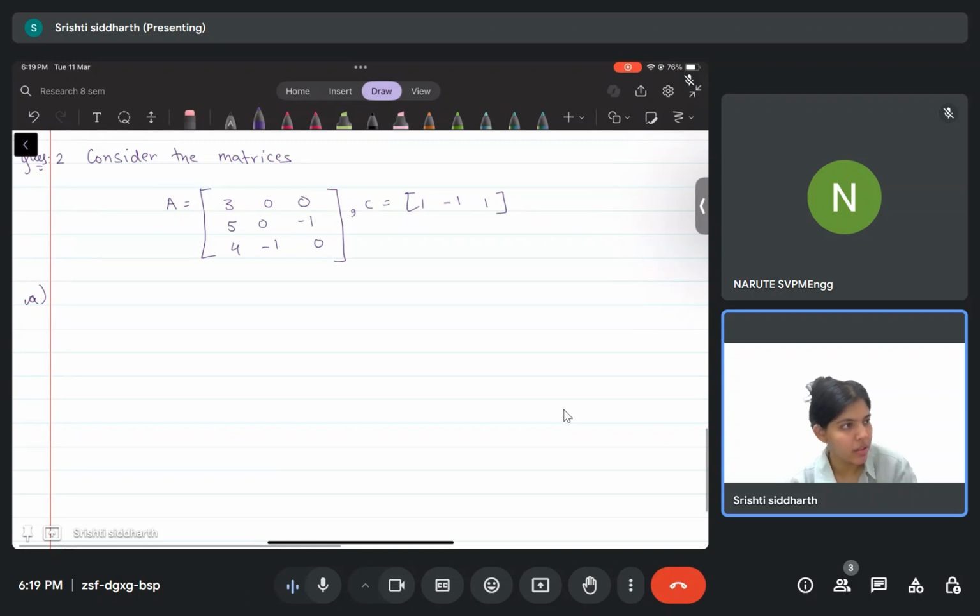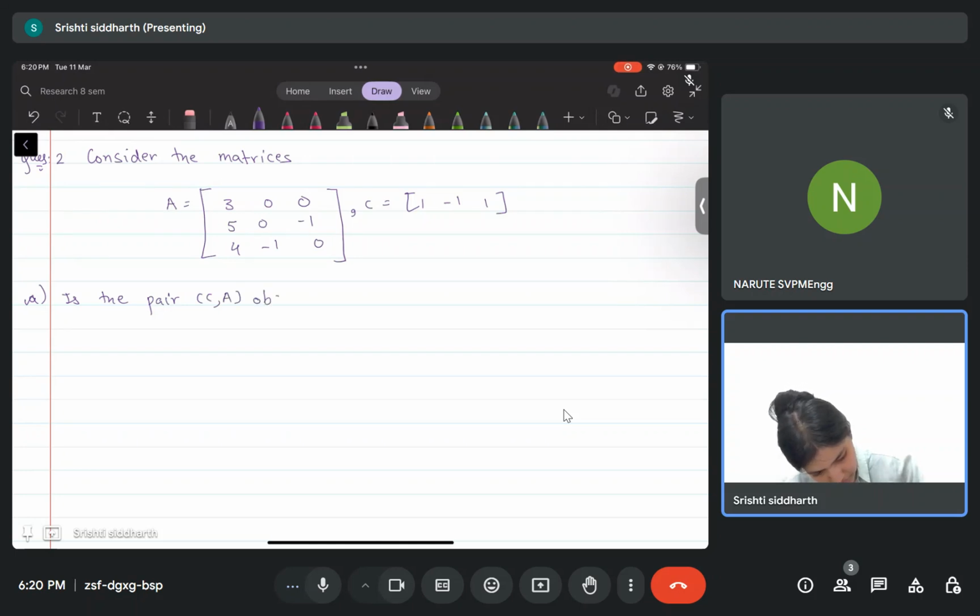The first part is: is the pair (C, A) observable? The second part is: show that the pair (C, A) is detectable.